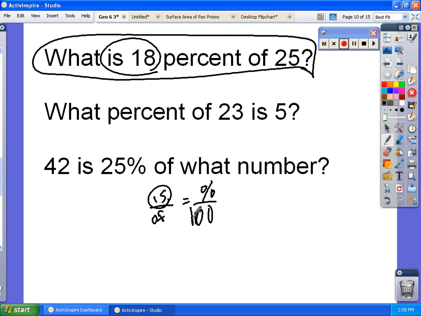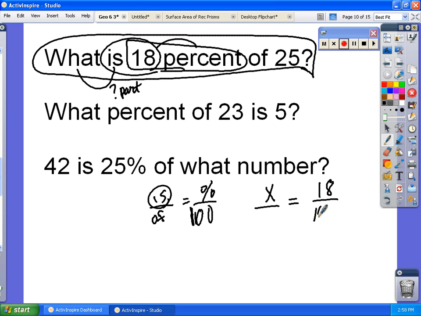In this problem, it says, what is 18%? So it actually gave me the 18 as the percent. When it says what is, it means I don't have the part. But the 18 is right next to the percent. So I don't know the is, so I'm going to put an X for the is. The 18 is the percent, so 18 goes over 100, which equals, and it says of 25, so that's the total.